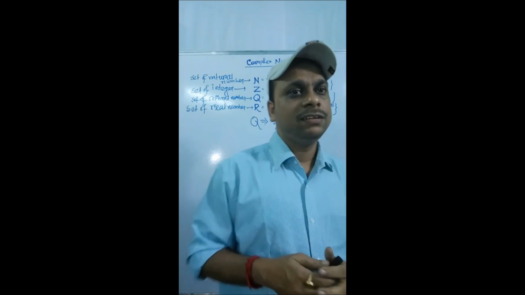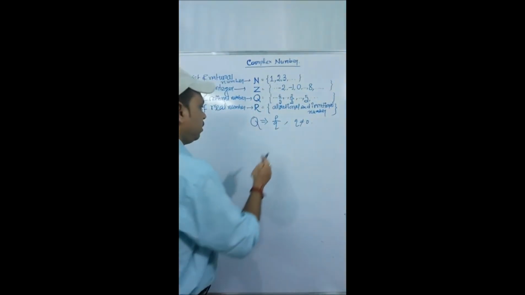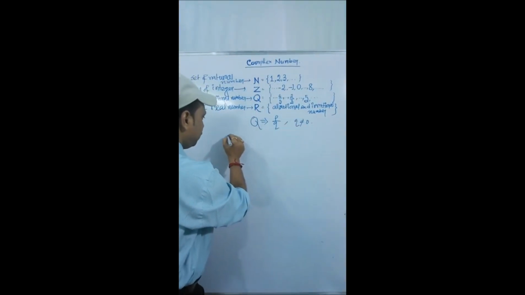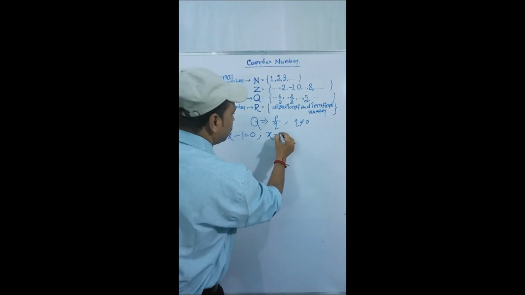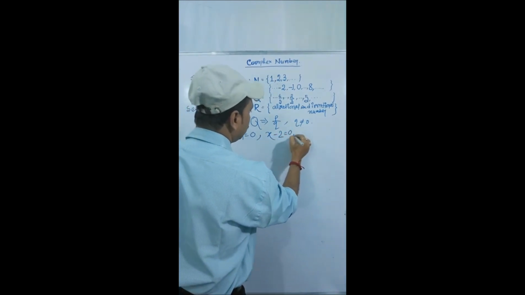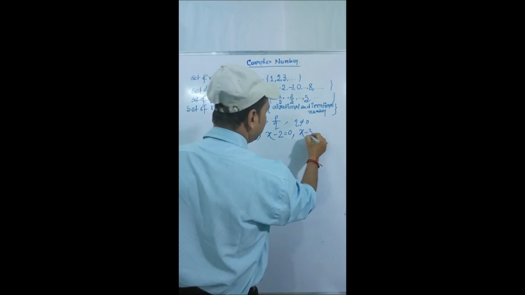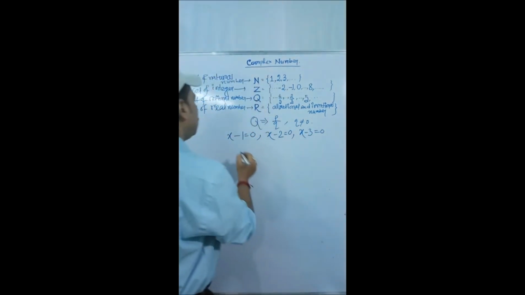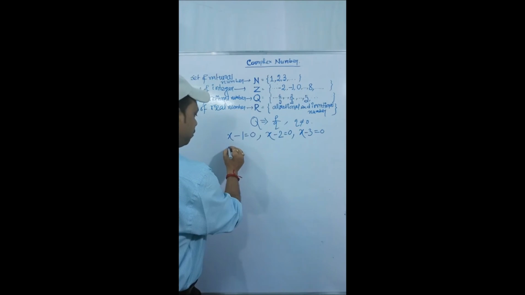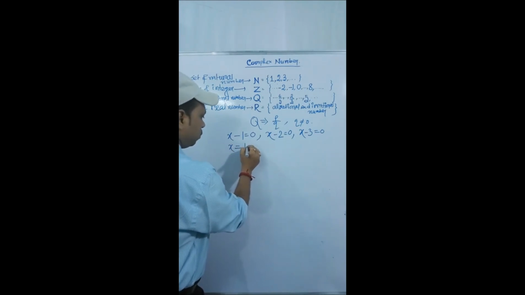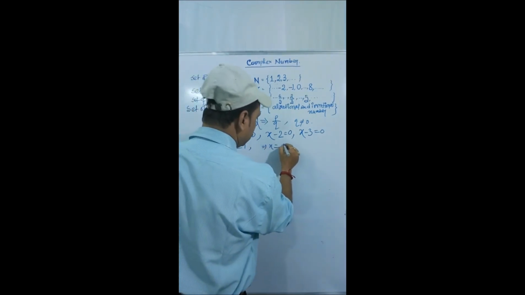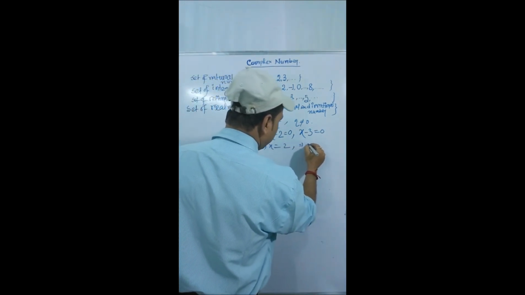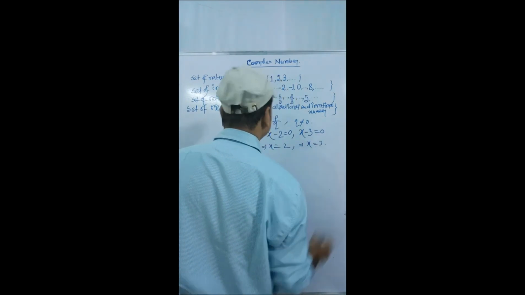We can write the equations in the form x minus 1 equals 0, x minus 2 equals 0, x minus 3 equals 0. Solving these equations, we have x equals 1, x equals 2, or x equals 3.